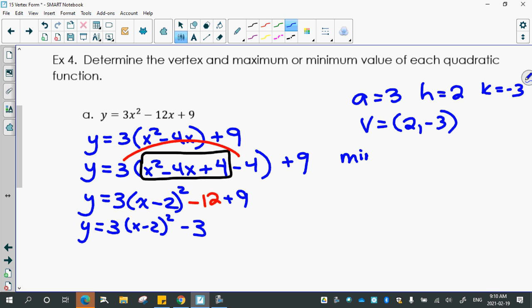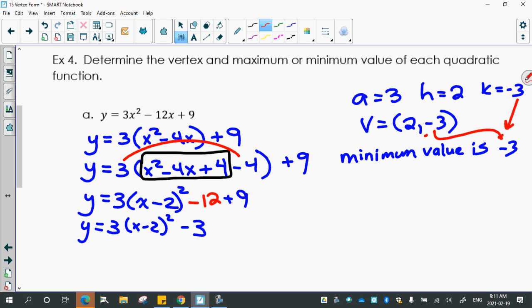And what is the minimum value? Anyone? Yep. Negative 3. It's the k value. The k value is the maximum value or the minimum value, depending on the parabola.